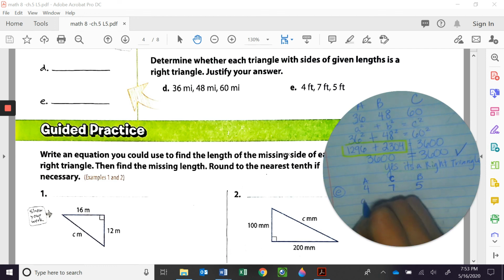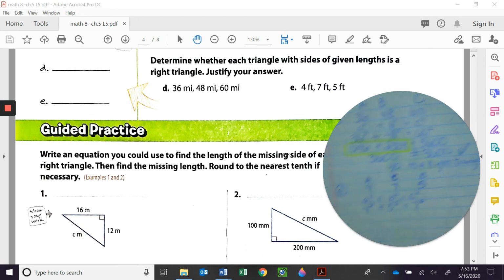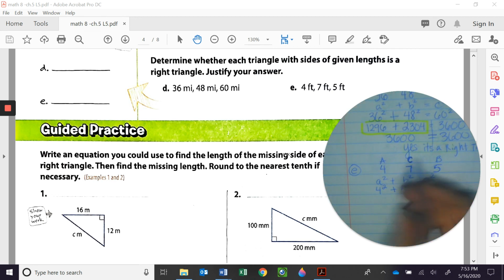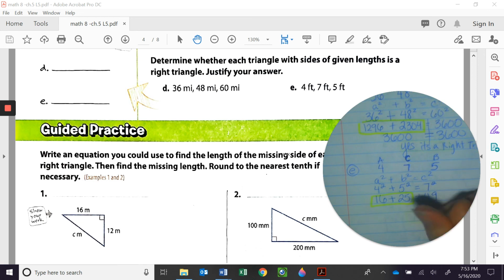All right, so A squared plus B squared equals C squared. So 4 squared plus 5 squared equals 7 squared. It's important that you put them in order. All right, so we get 16 plus 25 equals 49. Because these are on the same side, we add them, right? Sides of the equal sign.